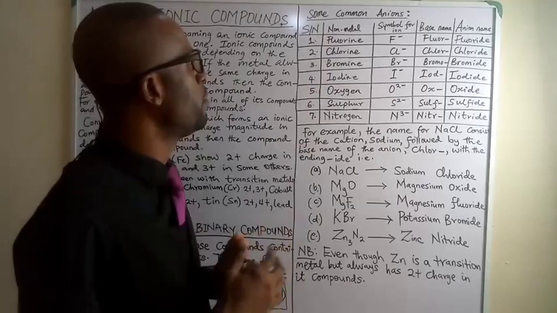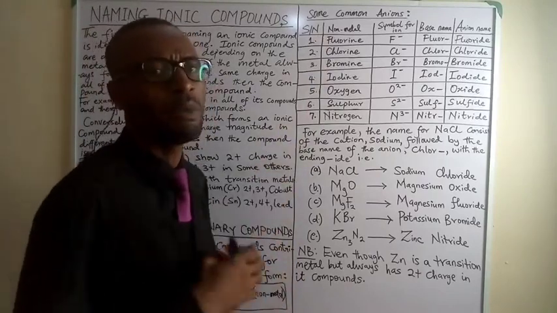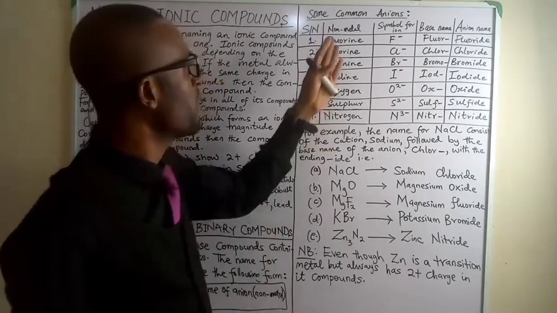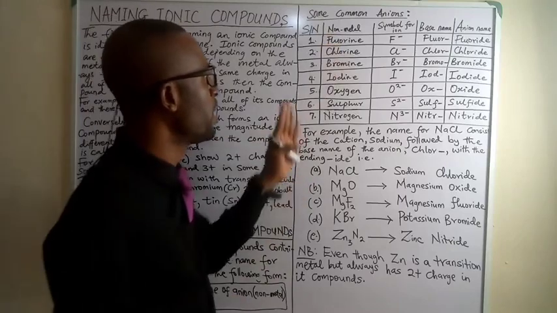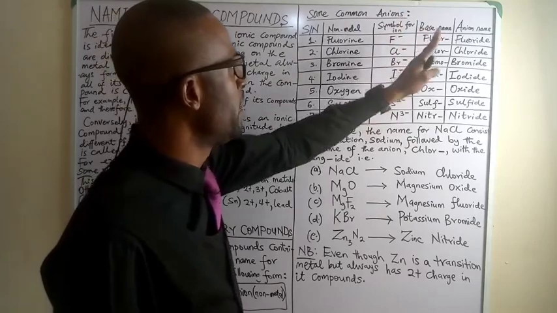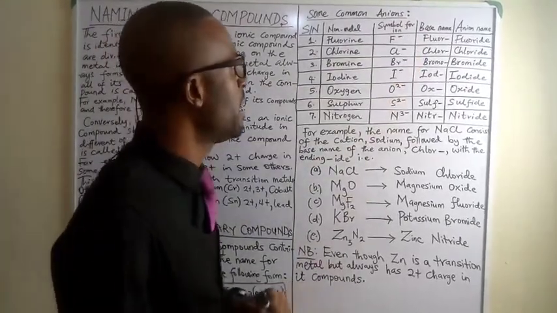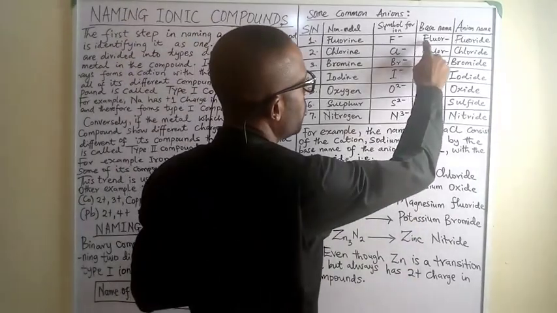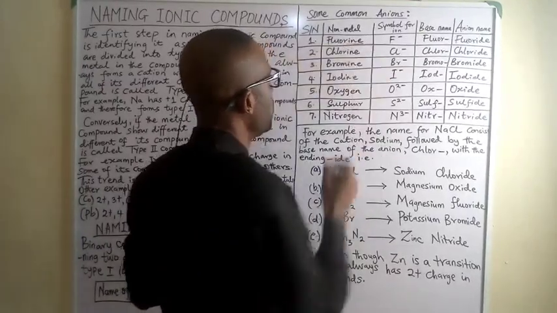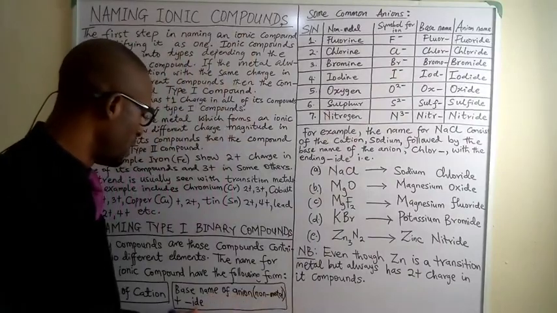So look at this table, you will appreciate some common anions. There are about 7 of them that we listed. We have more, but these are the 7 common ones that we have. Here, if you look at this table, the first column you have the serial number, you have the non-metal, the symbol for the ion it forms, the base name, and the anion. Fluorine, for instance, will form a fluoride ion, and from the word you will discover if you remove the last syllable of the name, which is INE, you now replace the last syllable you removed with IDE.